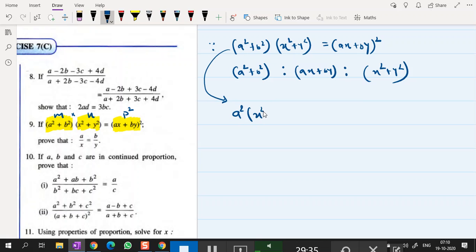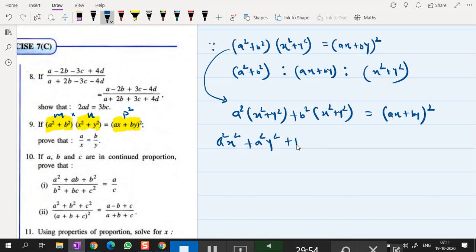a square bracket x square plus y square plus b square bracket x square plus y square is equal to ax plus by the whole square. So a square x square plus a square y square plus b square x square plus b square y square is equal to a square x square plus b square y square plus 2axby.